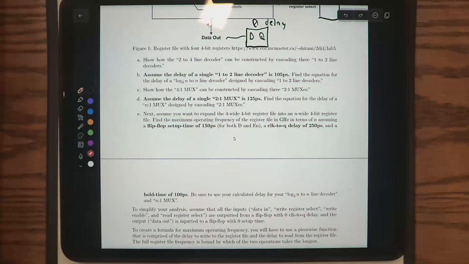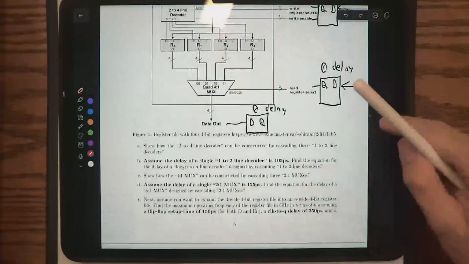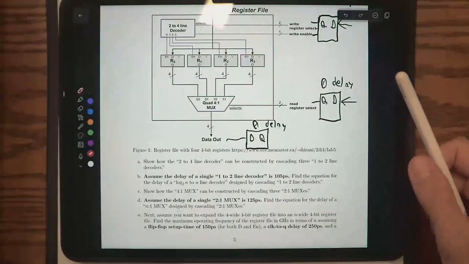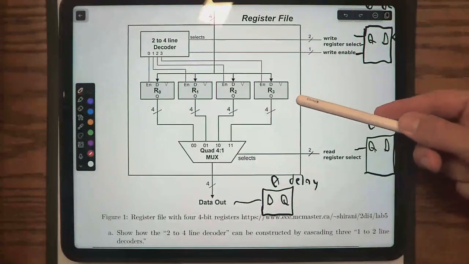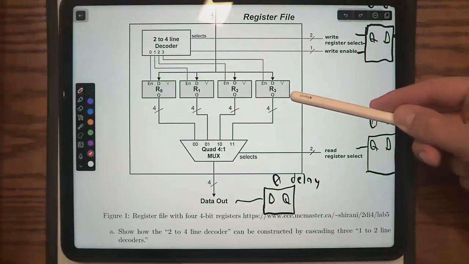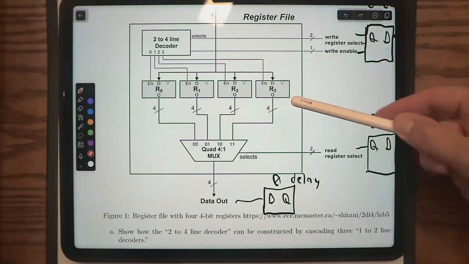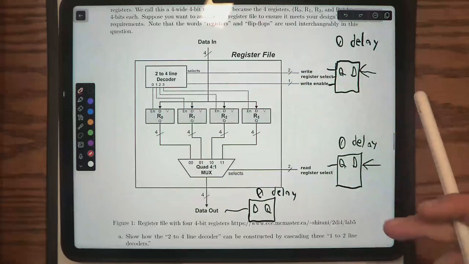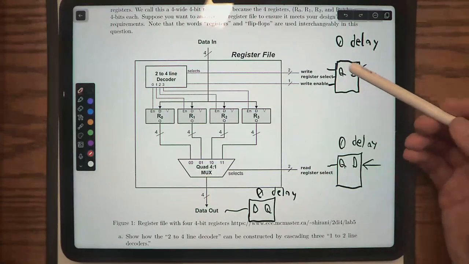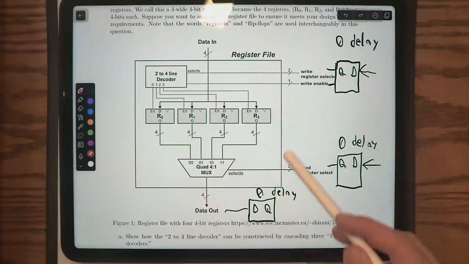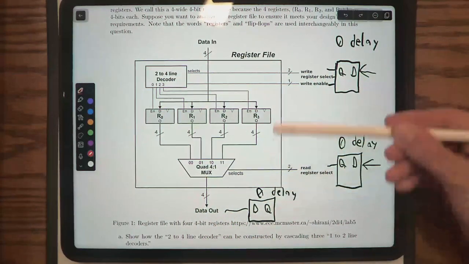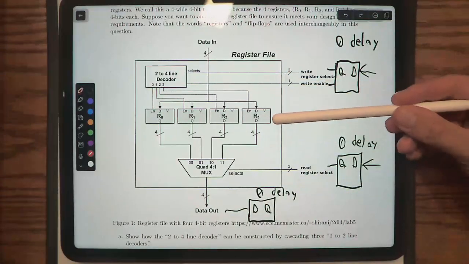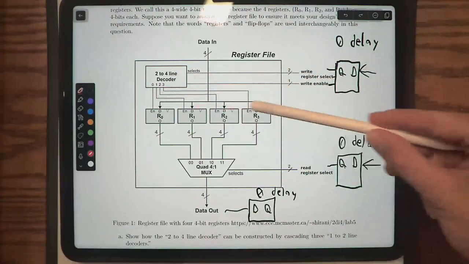Wait, so the registers in the middle, they belong to the read time period. Yeah, so the read delay is just everything that happens after these flip-flops, but the write delay is everything that happens before these flip-flops.